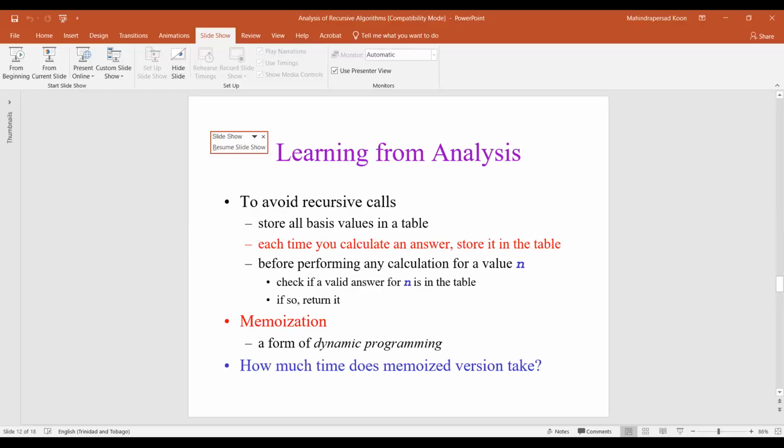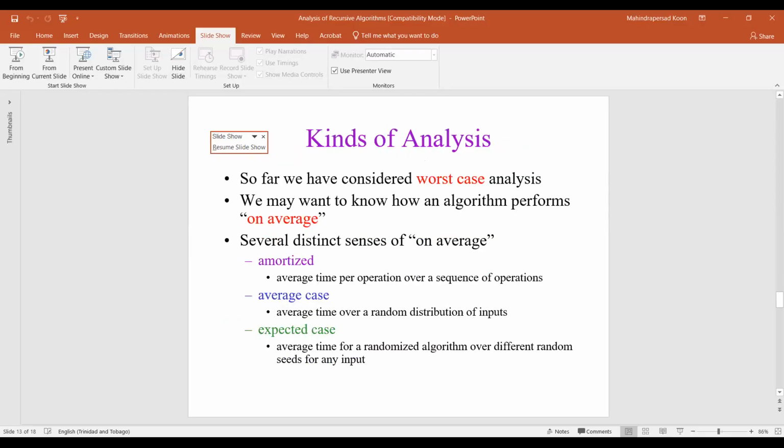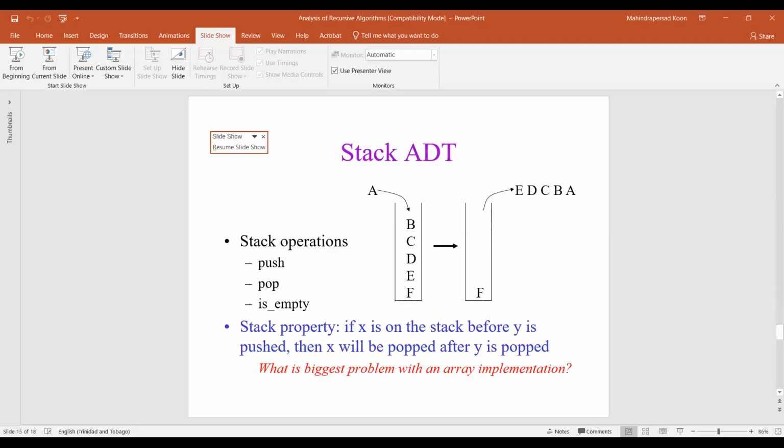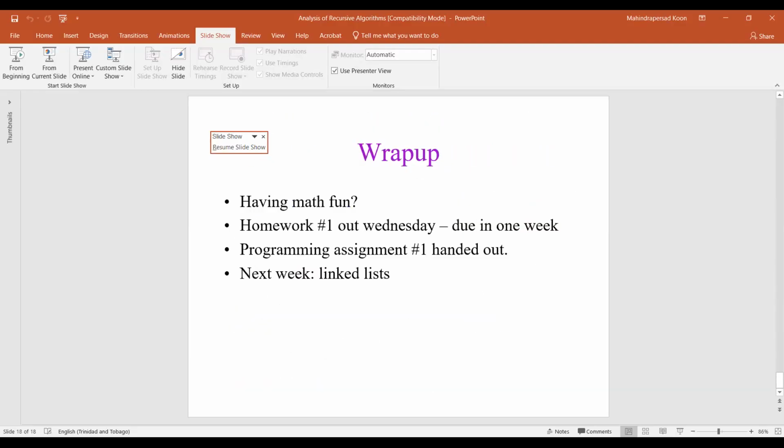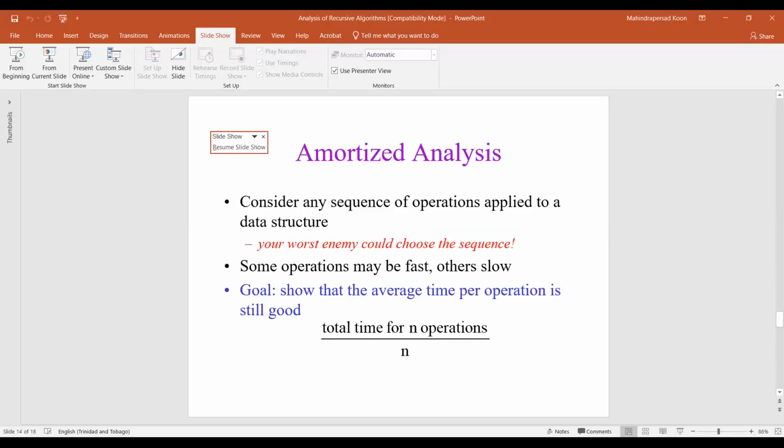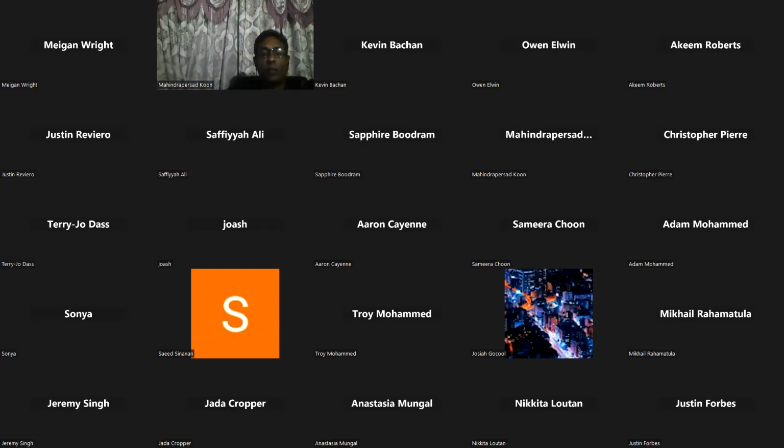So you can do some reading on memoization and dynamic programming and so on. So there are lots of stuff. You don't have to do everything, all right? But you need to be able to understand it.